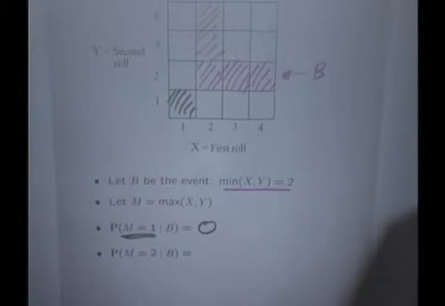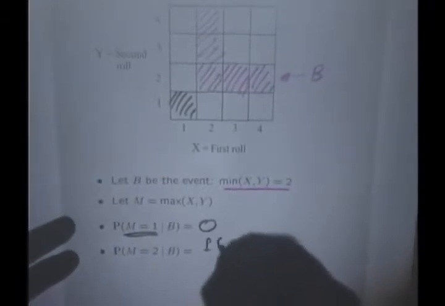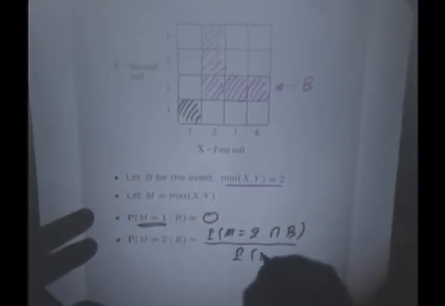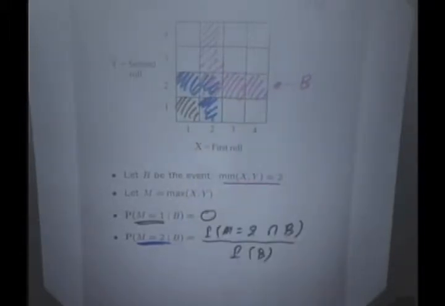Okay, we can use the definition here. It's going to be the probability that the maximum is equal to 2 and B occurs, divided by the probability of B. What's the event that the maximum is equal to 2? Let's draw it. This is going to be the blue event. The maximum is equal to 2 if we get any of those blue points.